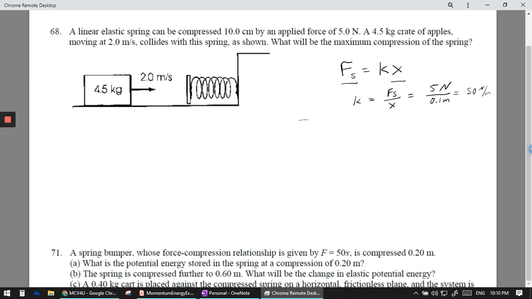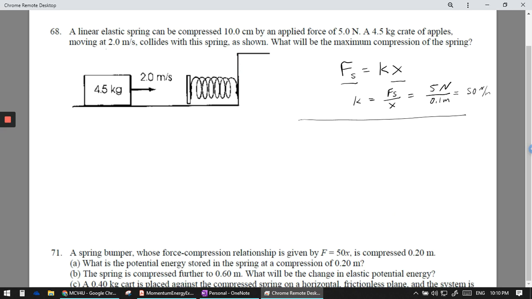All right, that's going to help us in part 2, which is now a 4.5 kilogram crate of apples moving at 2 meters per second. It collides with the spring as shown, and now we're going to go ahead and answer that compression distance.